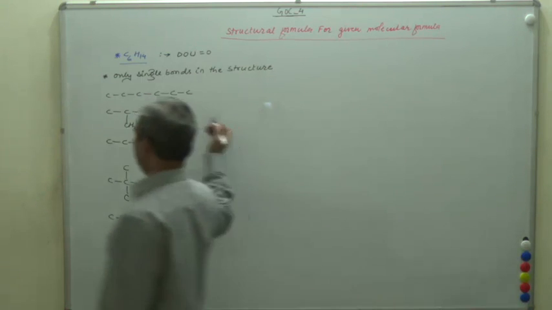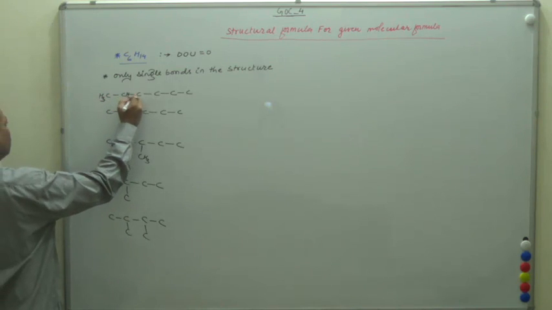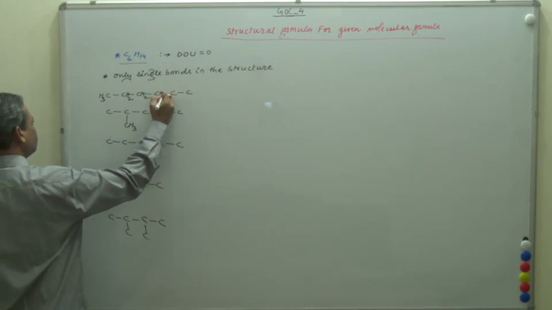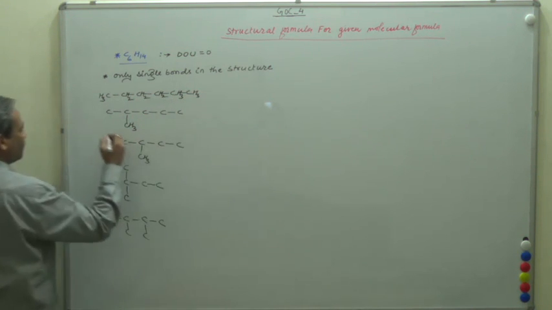By placing hydrogen atoms, you can complete their valencies, or you can just keep them naked.